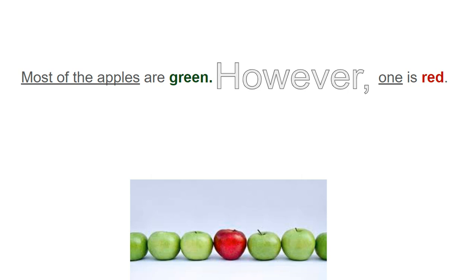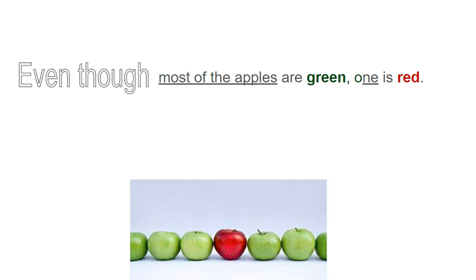Why do they belong together? Because one is describing something that is different from the other. However also means pay attention, there's a difference. So most of the apples are green. However, comma, one is red. Okay, so however and comma usually start the second sentence.